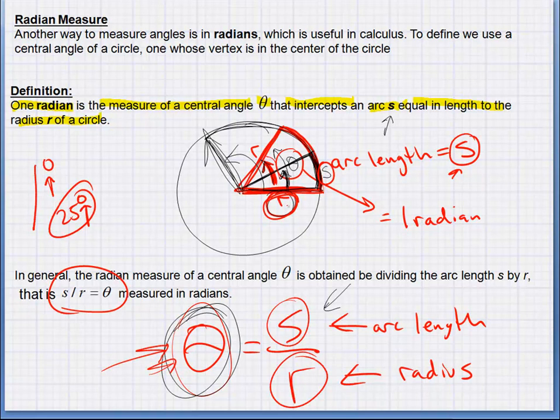So if I measure radius and arc length in inches or feet or meters, then that's changing the units in which I'm calculating my angle. So in a way, we consider these radians to really not have a unit of measurement, which is important because if it's not a unit of measurement per se, we can just call it units, and if it's just units, we can compare it to other units, which compares better in the xy plane.